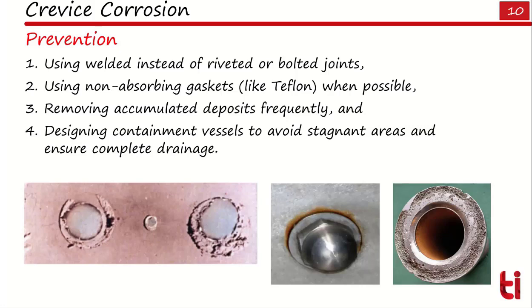The fourth possibility is designing containment vessels to avoid stagnant areas and ensure complete drainage. This is the best possible solution. You have to make sure in your design you have the least number of such areas in your vessel design. With this, you can minimize the crevice corrosion.